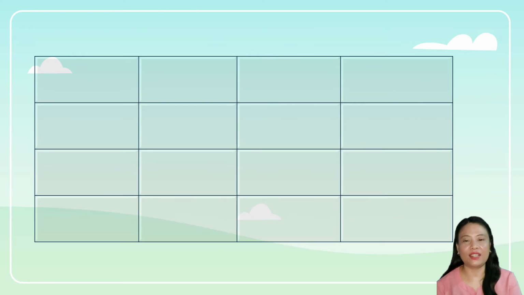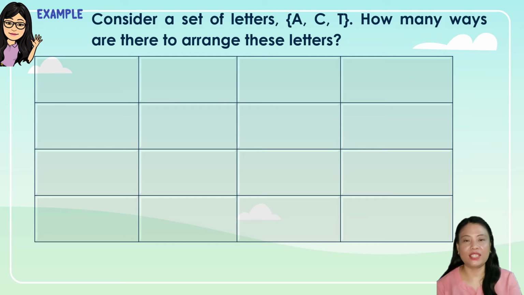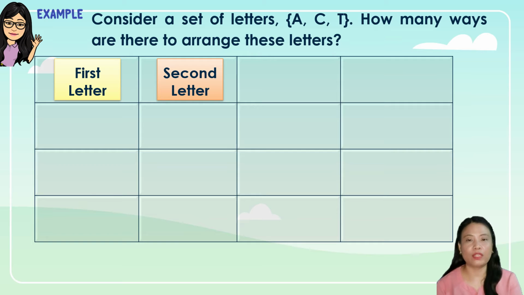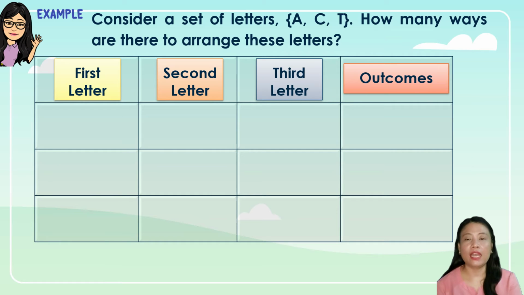Let us take another example. Consider the set of letters A, C, T. How many ways are there to arrange these letters? For this problem, we will make again a 4-column table with the following labels: 1 for the first letter, 2 for the second letter, 3 for the third letter, and the 4th for the outcomes.